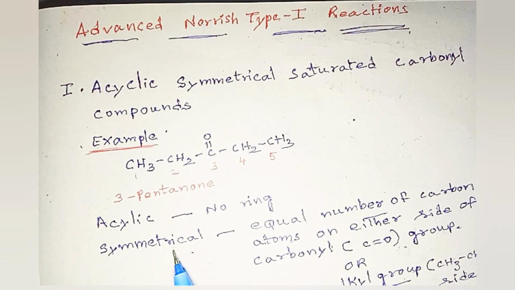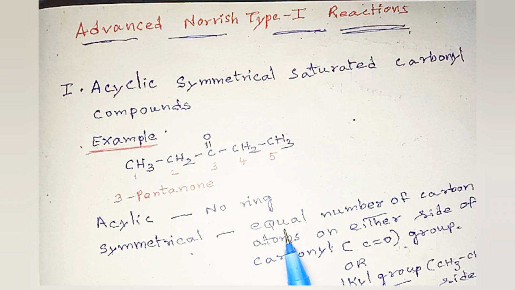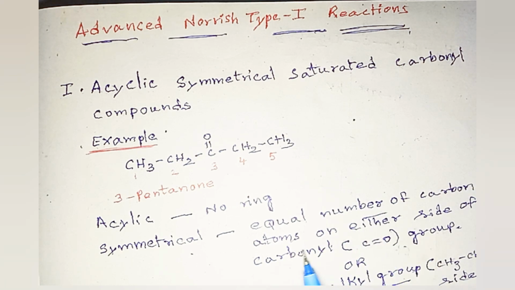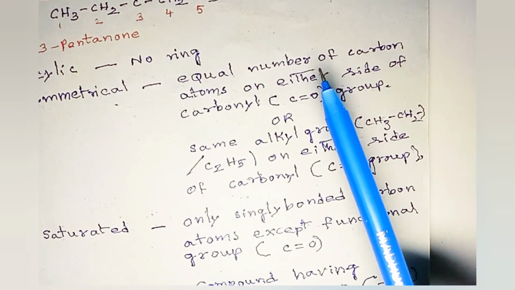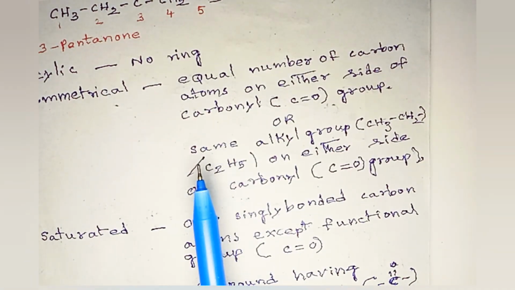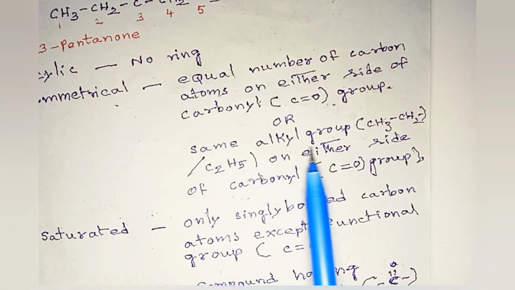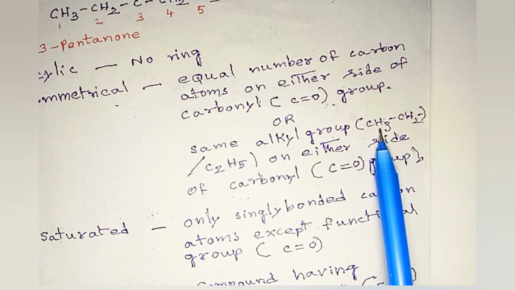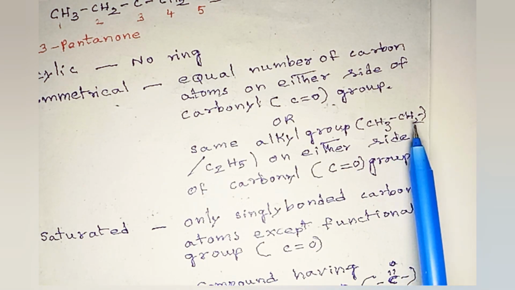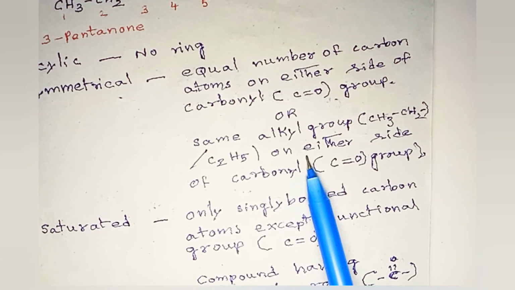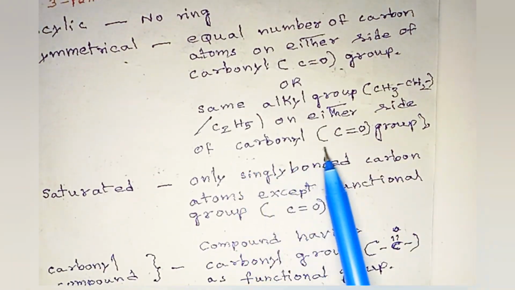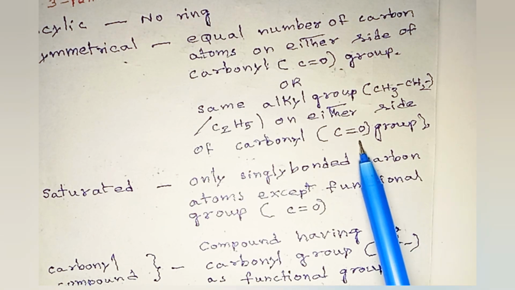It is symmetrical because equal number of carbon atoms, or same alkyl groups, that is CH3CH2 or C2H5, are present on either side of the carbonyl group, that is C double bond O.